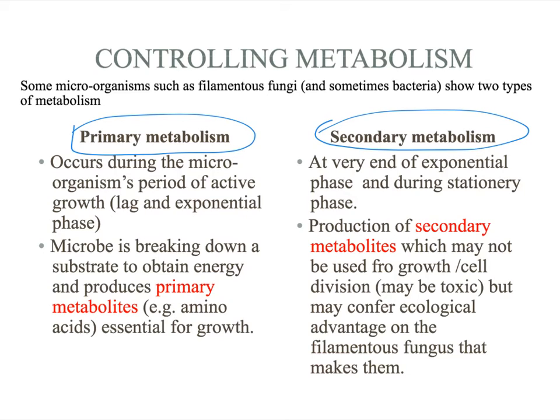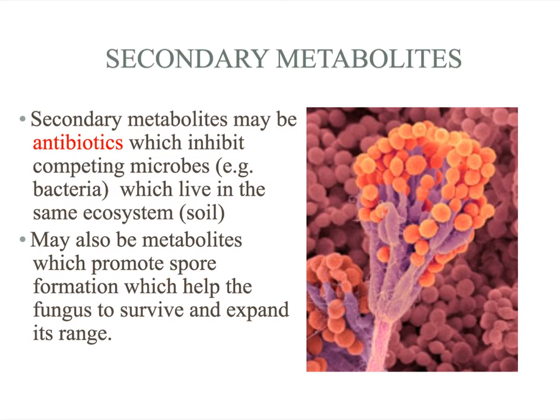For example, penicillin is produced by certain fungi, and that confers on them an advantage because they can produce this antibiotic, which stops bacteria growing round about them and helps them to survive. That's what we mean when we talk about secondary metabolites or secondary metabolism.